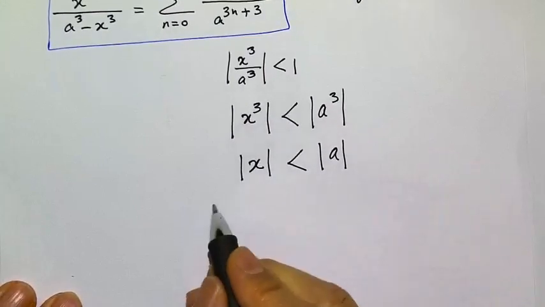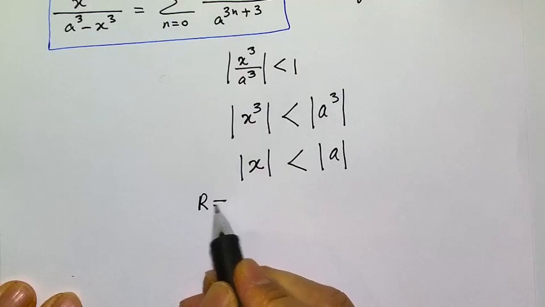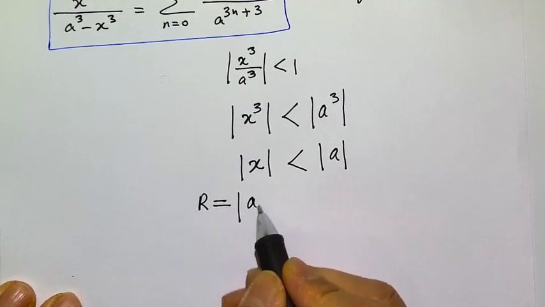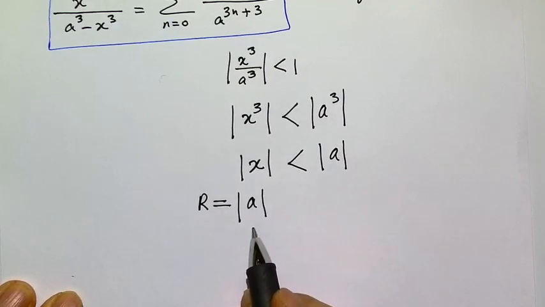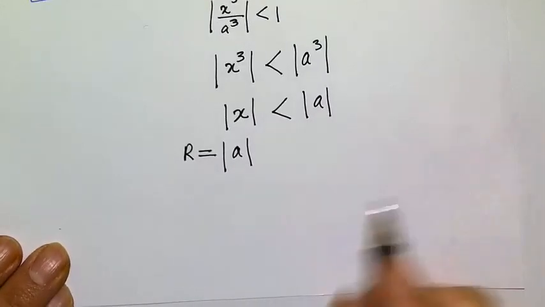So the radius of convergence is r equals the absolute value of a, but they asked for not this, but the interval of convergence.